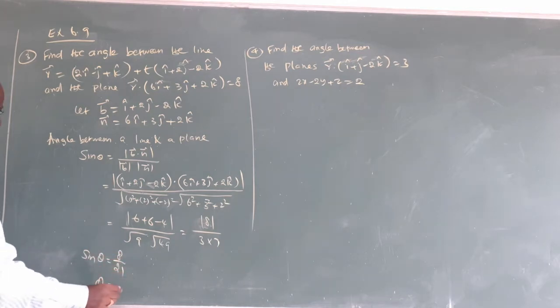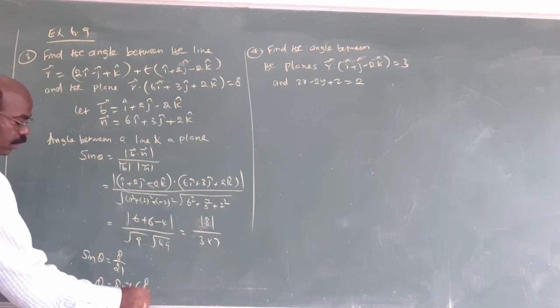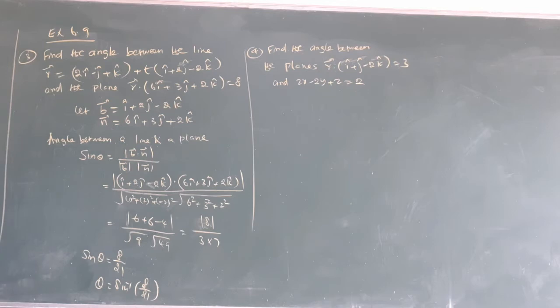Theta is sin inverse of 8 by 21, that is the answer. In this way, you find the angle between a line and the plane.